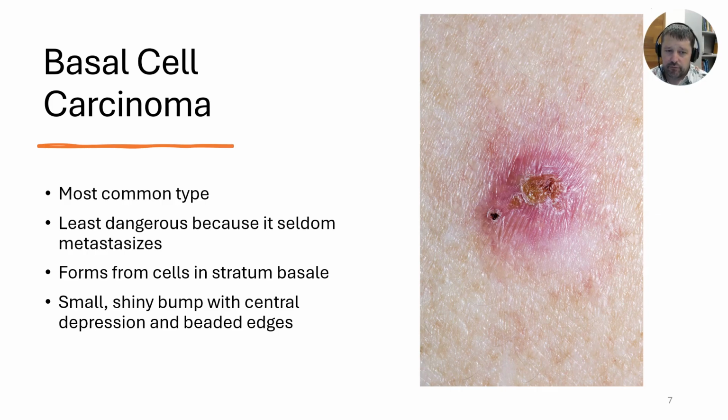It will first show up as a small shiny bump with central depressed edges or beaded edges, kind of similar to this. You can see some beading in here around that region, and that's a little bit of a giveaway that it is a sarcoma.